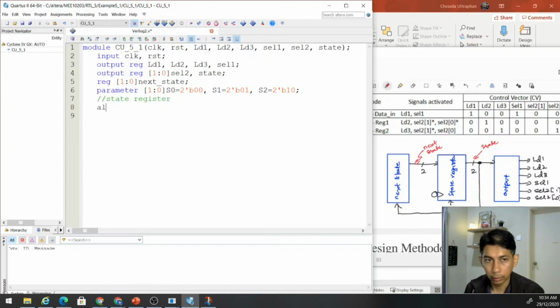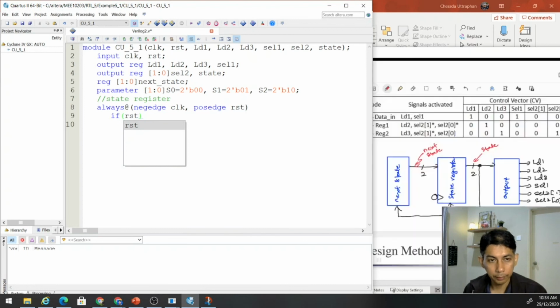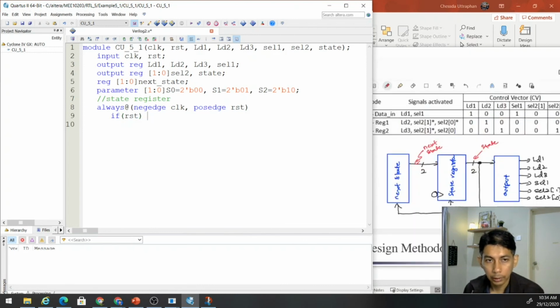Okay, now we want to create this state register, using an always block, and this is negative edge, right? And positive edge reset for this. If reset, so the output is what?